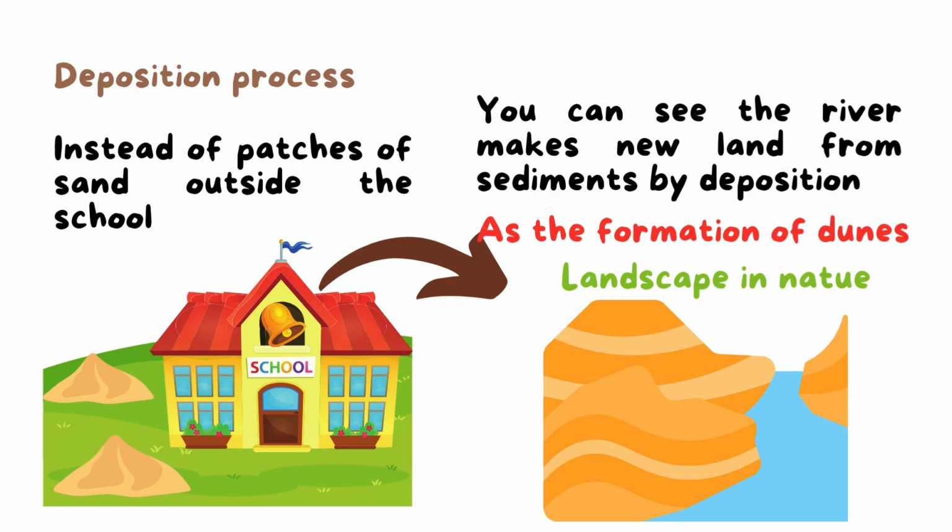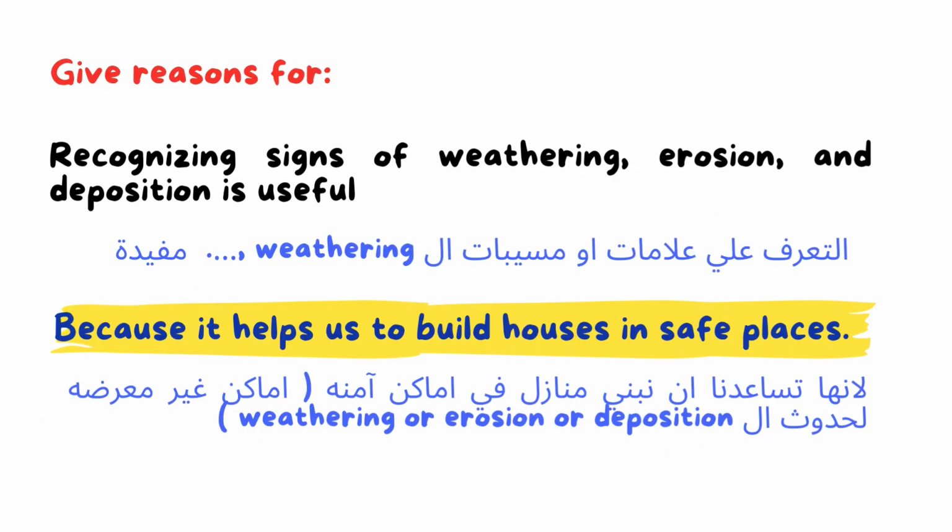As the formation of dunes, small dunes and large dunes, yes? This is about the landscape in nature and the evidence of the three processes: weathering process, erosion process, and deposition process.